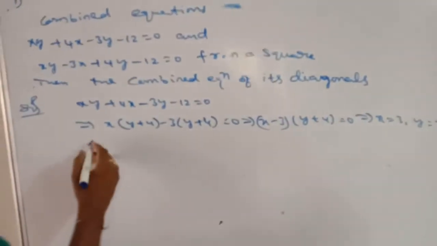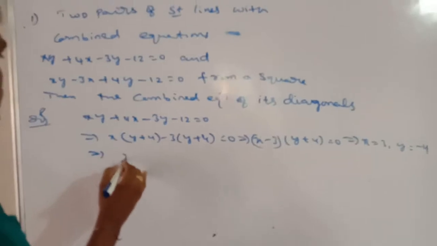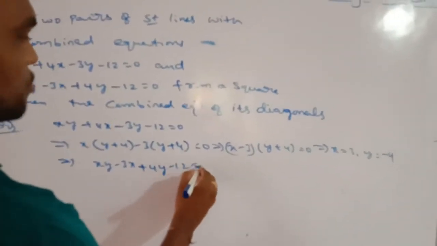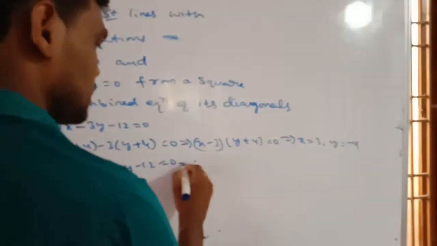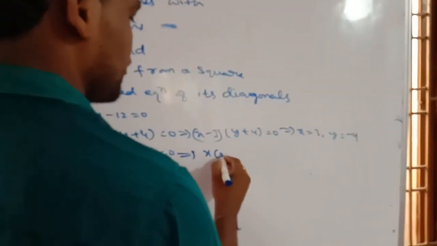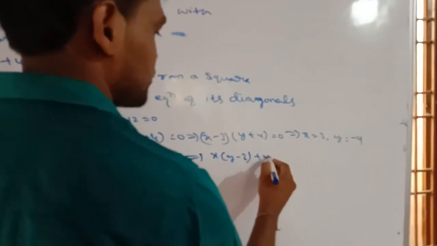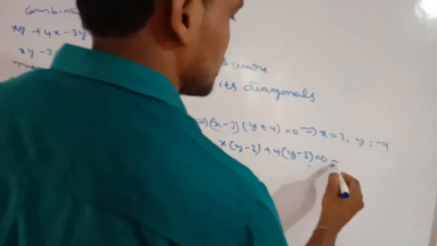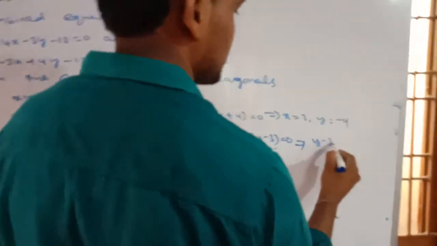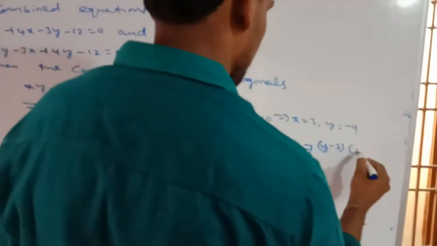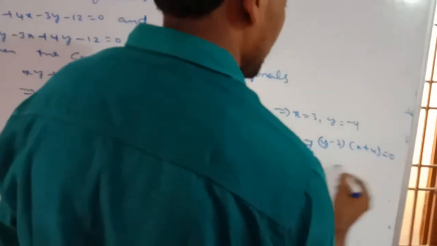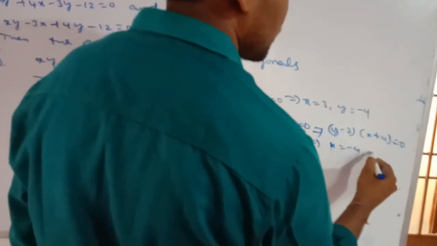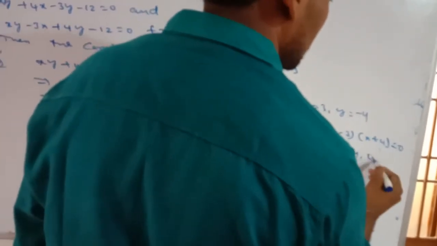And the second combined equation, xy minus 3x plus 4y minus 12 is equal to 0, taking x common, y minus 3, and plus 4 common, y minus 3 is equal to 0. That implies y minus 3 into x plus 4 is equal to 0, and this is x is equal to minus 4 and y is 3.